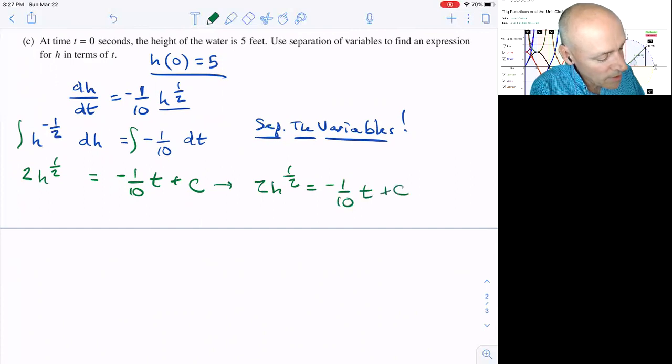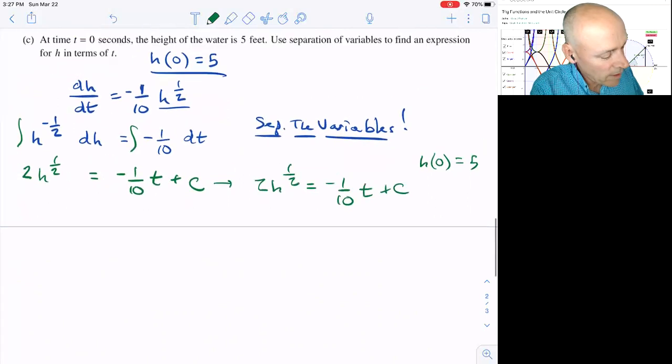2h to the 1/2 is equal to negative 1/10 t plus c. And now I'm going to substitute in my initial condition, h at 0 is equal to 5. So I'm going to have 2 times square root of 5 is equal to negative 1/10 times 0 plus c.